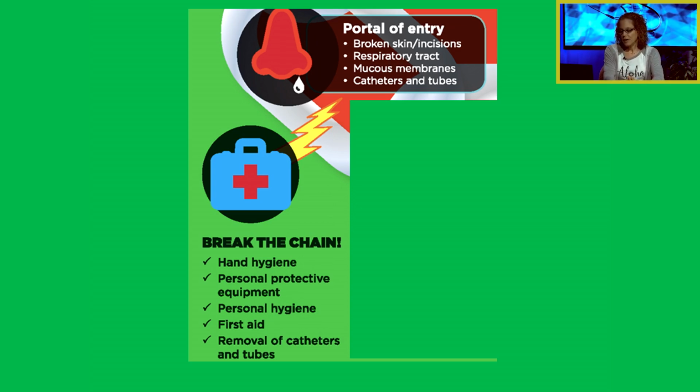Caring for ourselves, having clean hair when we come to work, making sure our bodies are clean, first aid, and importantly here, removal of catheters and tubes as soon as they can possibly be removed.